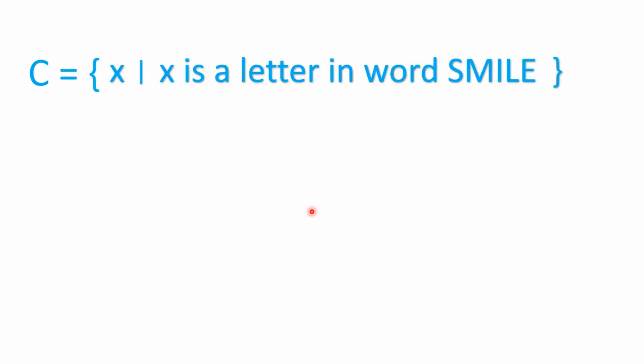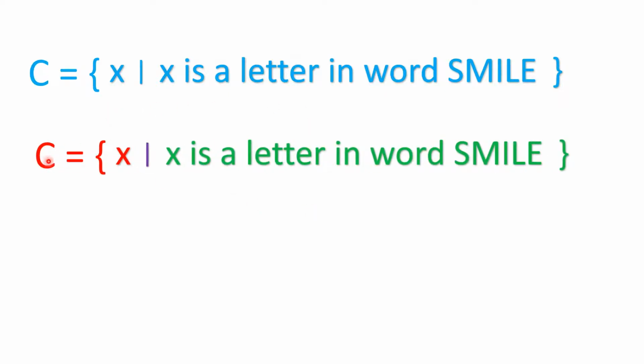For that, we will divide this set into three components in three different colors. The first, C equal to curly bracket x. This part we read as C is a set of all x.